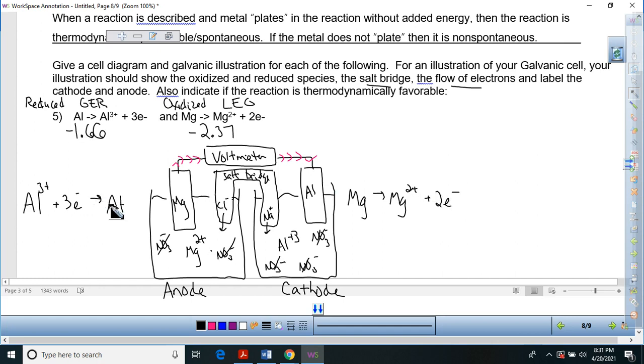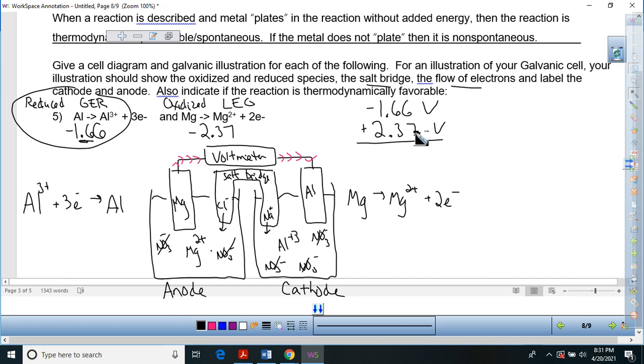All right, because the aluminum is gaining electrons, we're going to keep our reduction potential. Don't change the one that's being reduced. Don't change the number. Now, the magnesium isn't actually being reduced, it's being oxidized. So the number isn't negative 2.37, it's positive 2.37. The reduction potential is negative 2.37, but the oxidation potential is positive 2.37.